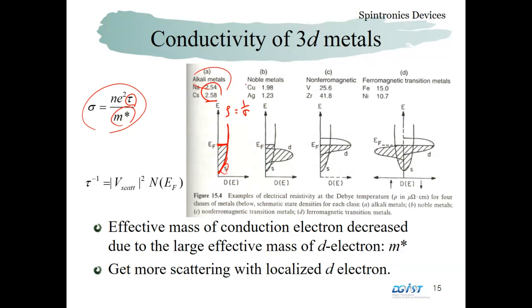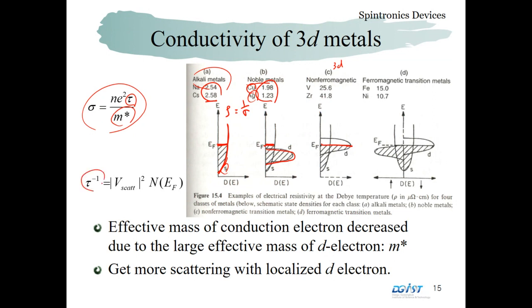But in a noble metal, copper or silver, we have a d band, but it is below the Fermi level. So there is no contribution of the d band, and only the s band contributes to the conduction. So they also have a small resistivity. But in 3D transition metals, there is a d band at the Fermi level, and the density of state is quite large.